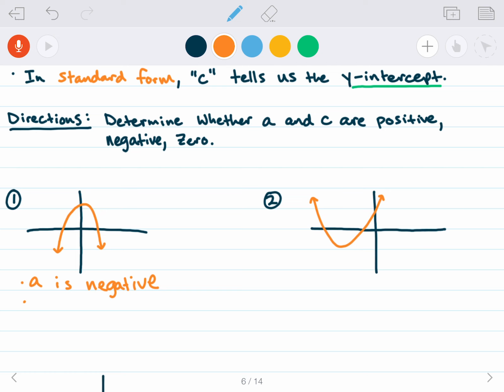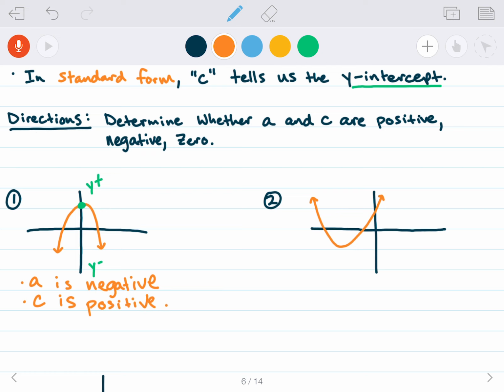What about C? Is C positive or negative? Well, C is the y-intercept, where it crosses the y-axis. And the y-intercept is positive up here and negative down here. So C is positive. The y-intercept is positive.